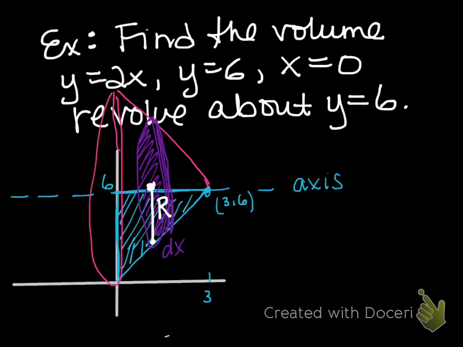You'll notice here that our radius is actually going to come from the original area problem. When I go to measure my radius, I want to measure from this point here down to this point here, which was basically the same thing as what we did when we found the height of each of the rectangles in the area problem. So to get our radius, we really want just y top minus y bottom.